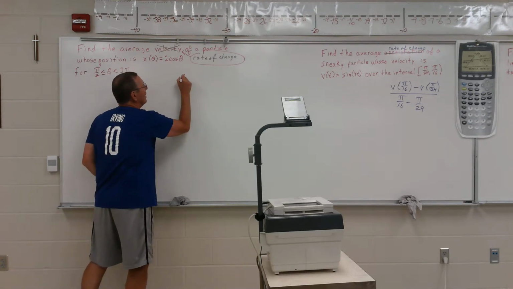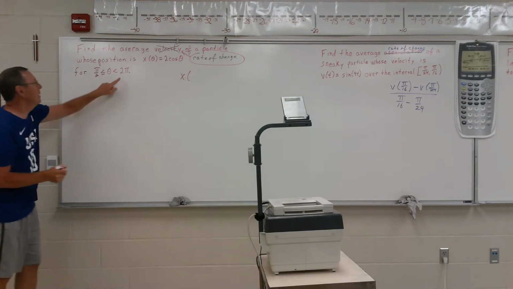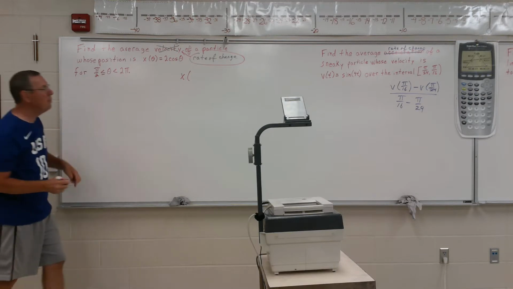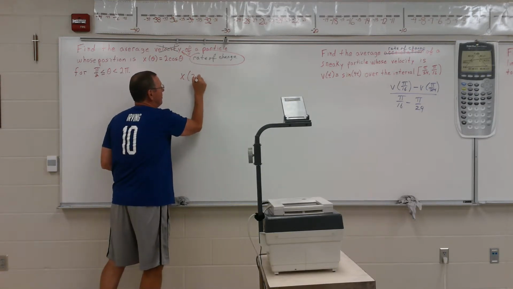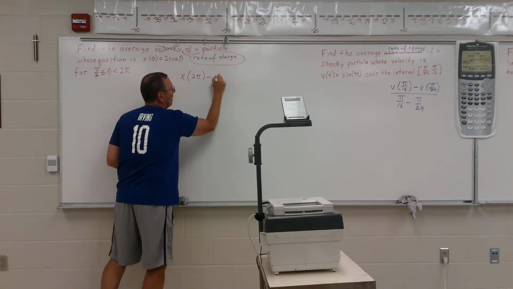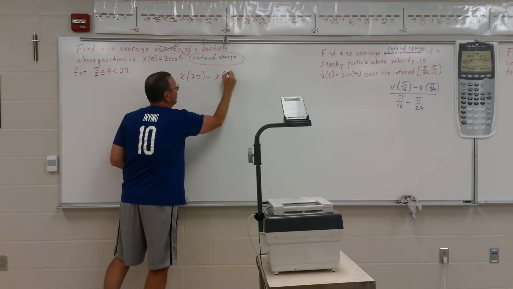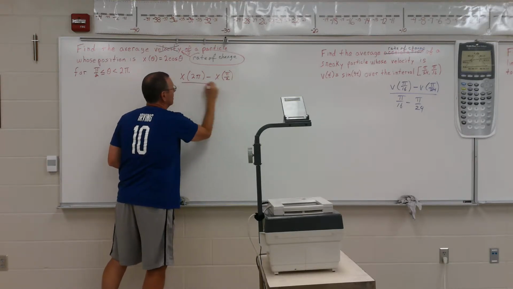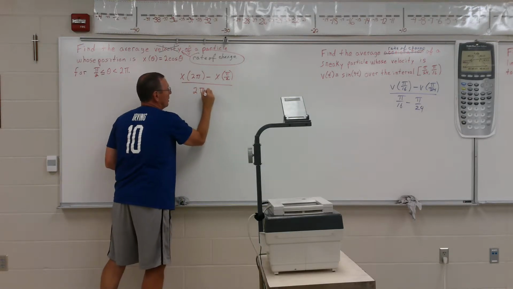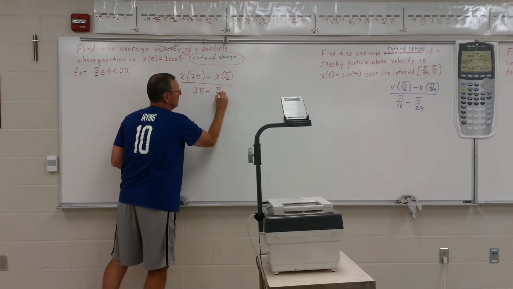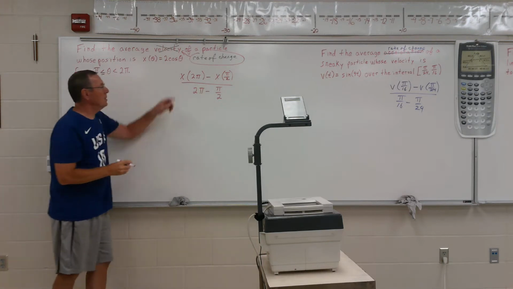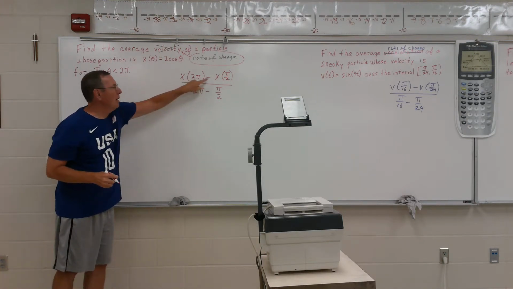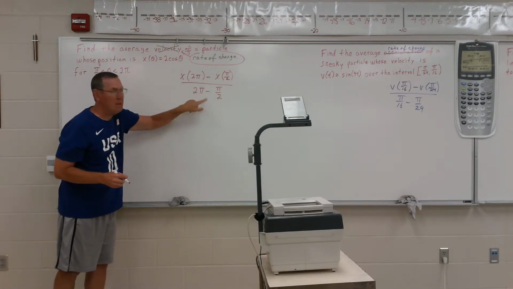So this is going to be x of 2 pi, since my interval is 2 pi to pi over 2, minus x of pi over 2. So this is really f of b minus f of a over b minus a.